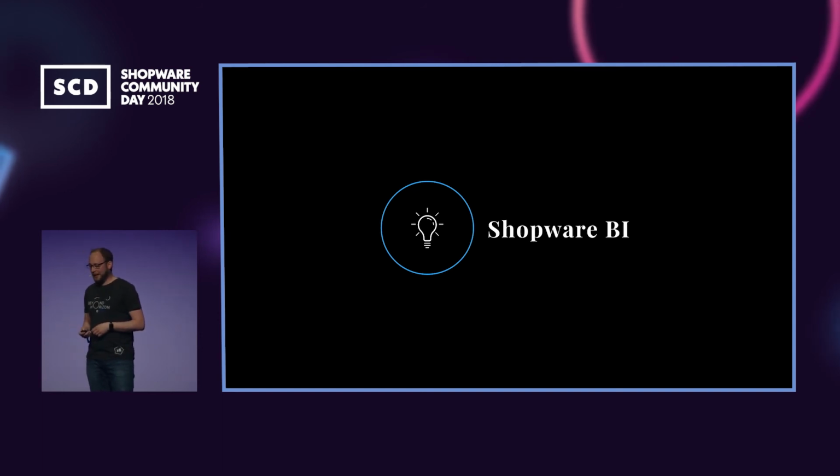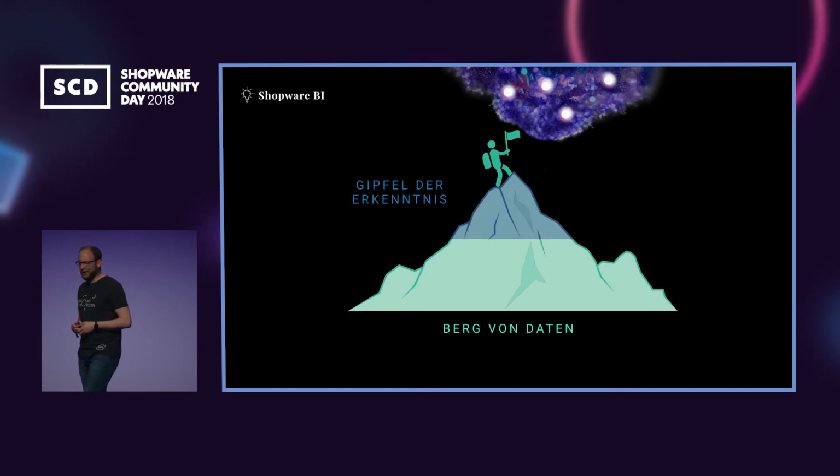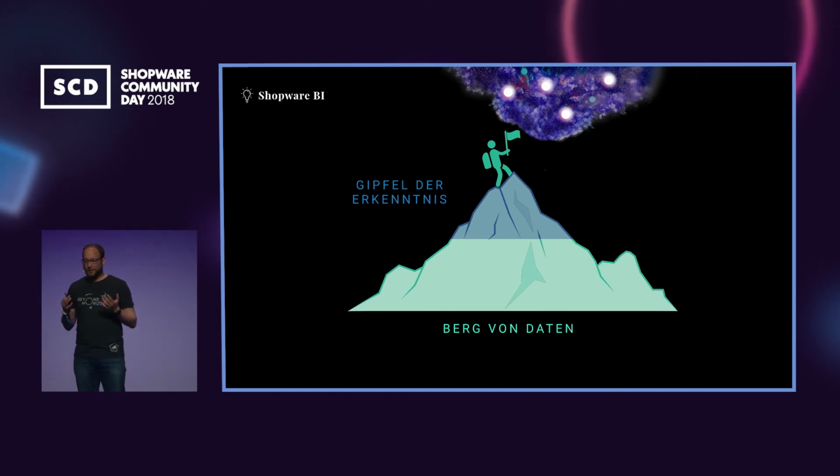Now let's look at Shopware BI. What's hidden behind that concept? Well, in our keynote, Stefan was able to show that we all have a mound of data. And from the data, you want to generate knowledge.